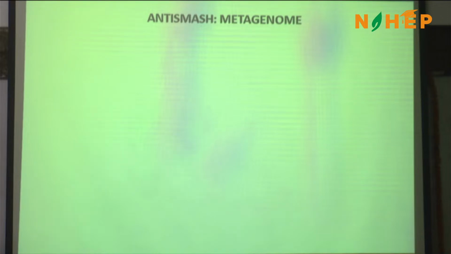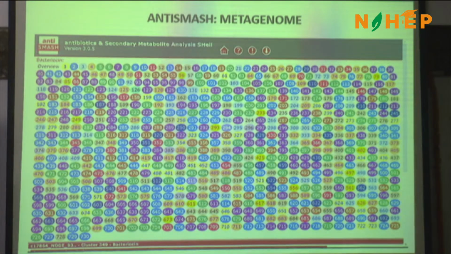Yeah, quite a lot. So if you run antiSMASH in a metagenome, you will get something like this. This is an example from one of our research, from an endophytic microbiome, and we got around 730 biosynthetic gene clusters. So imagine if you do it for a rhizosphere, which is more diverse, you will get even more.